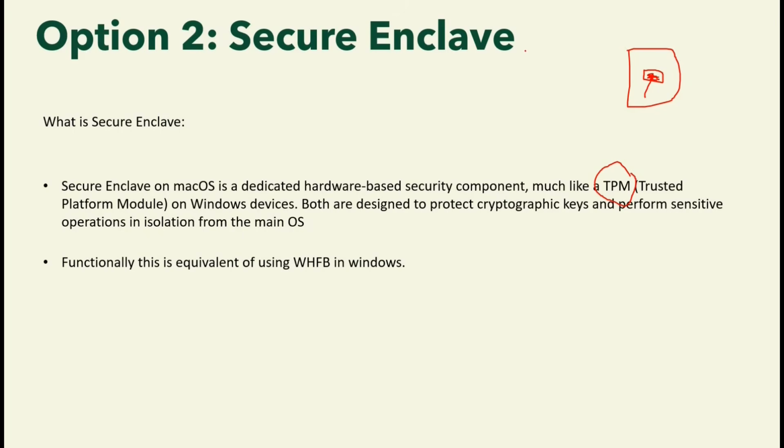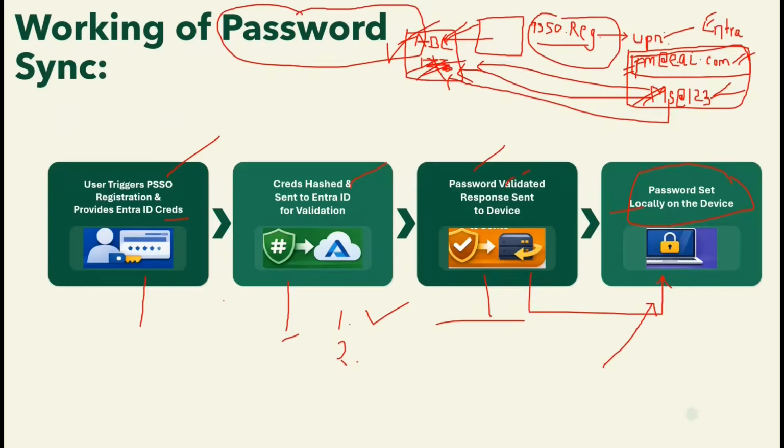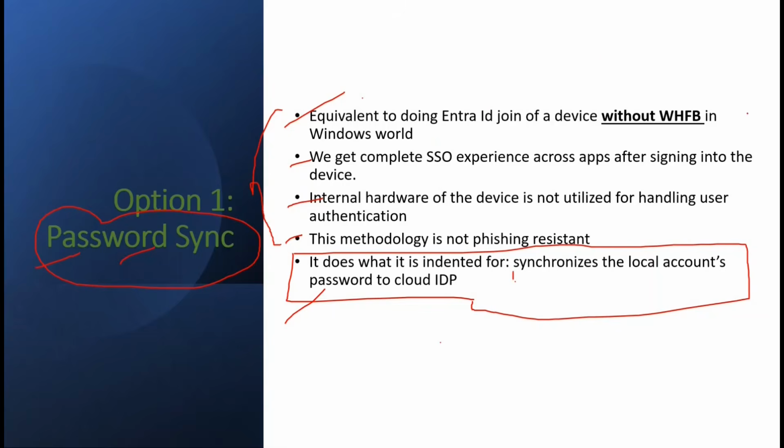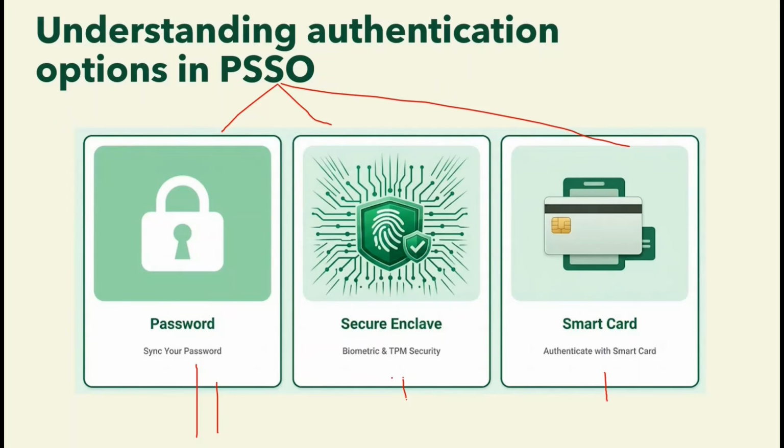Now, if you are using secure enclave plus PSSO, like we saw, if I go back, we are looking at the different flavors. First was the password flavor of PSSO, which was equivalent to Azure AD joining a device without Windows Hello for Business. The second flavor was the secure enclave implementation of PSSO.